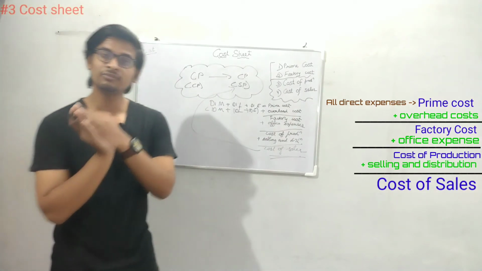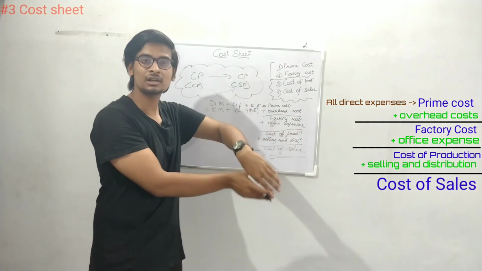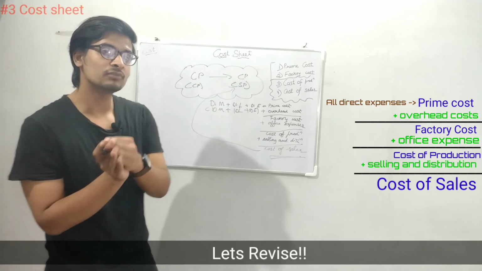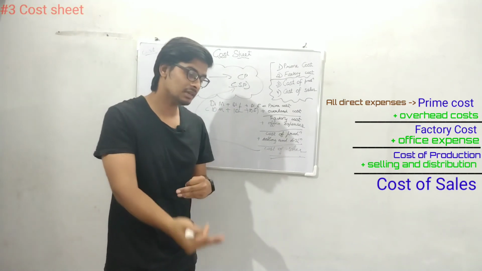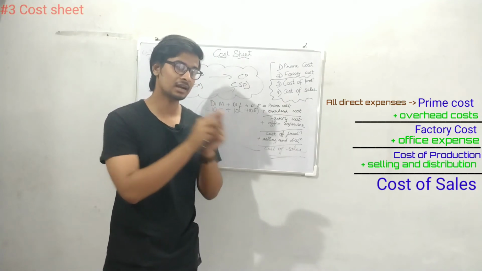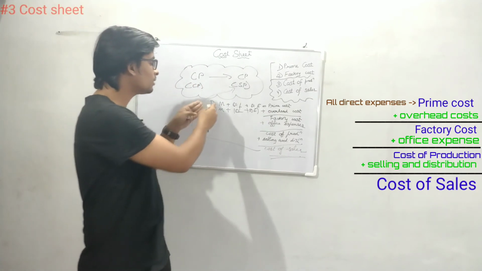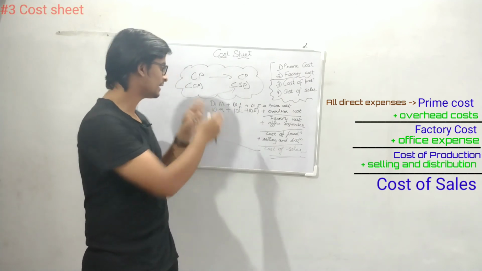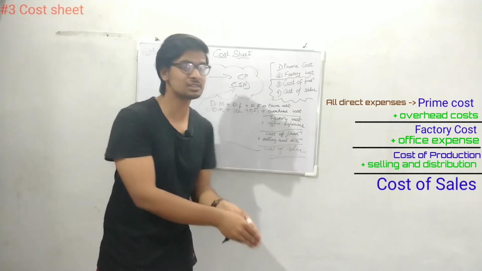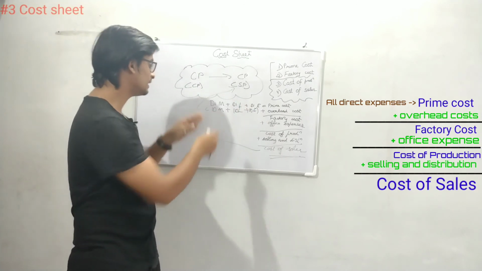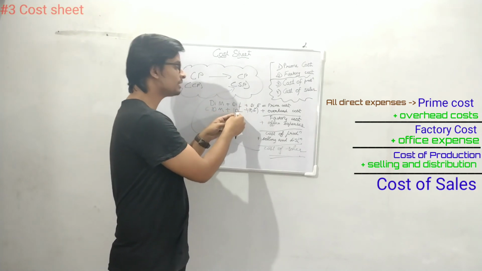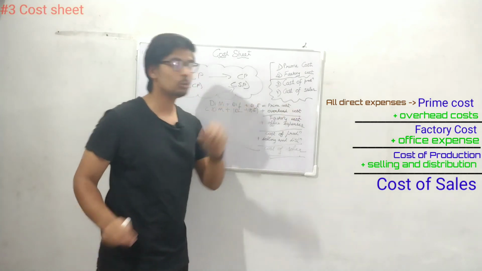In the first class and second class we learned cost was of three types: material, labor, and expense. They each were of two types: direct and indirect. If we add all the direct cost, direct material, direct labor, direct expense, we get the prime cost. If we add all the indirect material, indirect labor and indirect expense, we get the overhead cost.